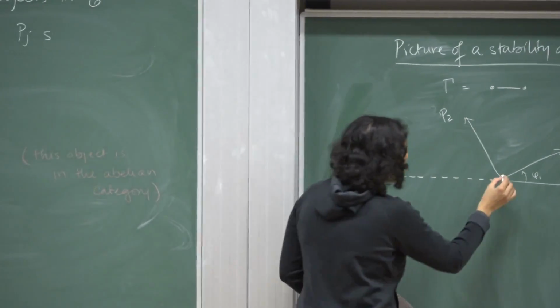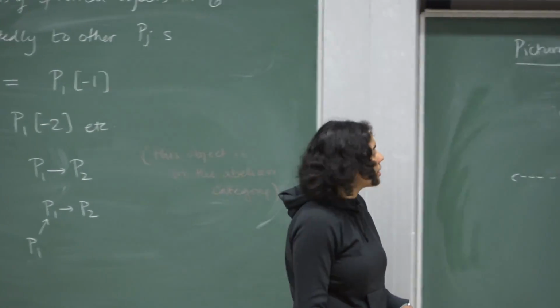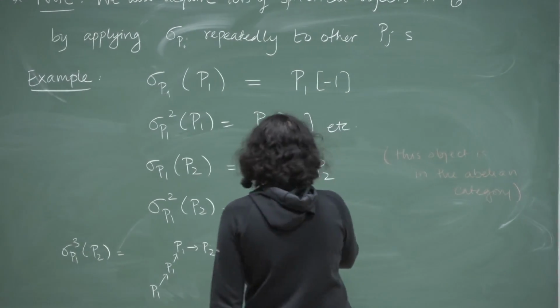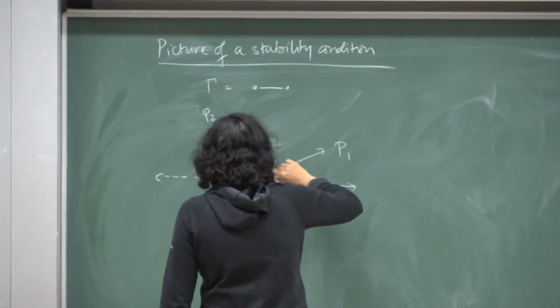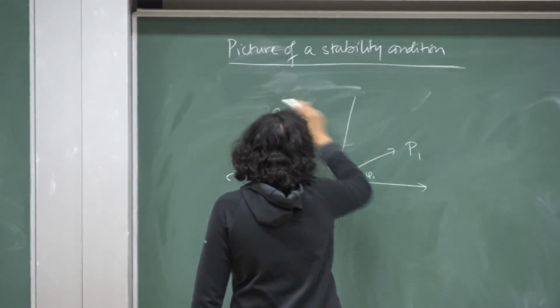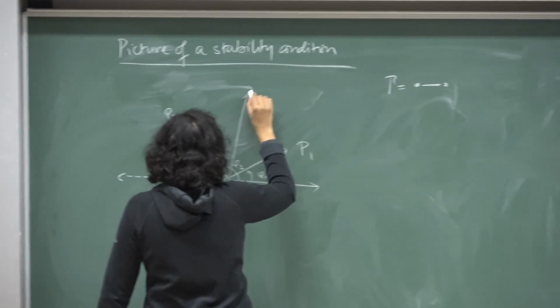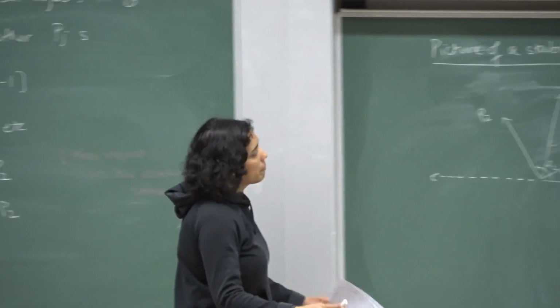This is convenient because then you can visually see what they look like. And it turns out there's another semi-stable object in this whole story, and that's P2 to P1.